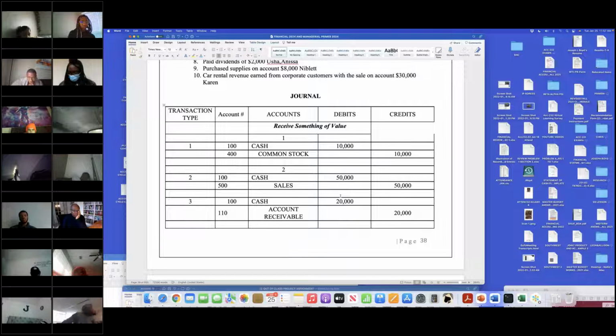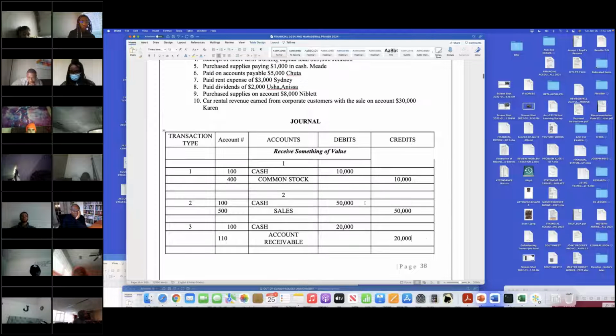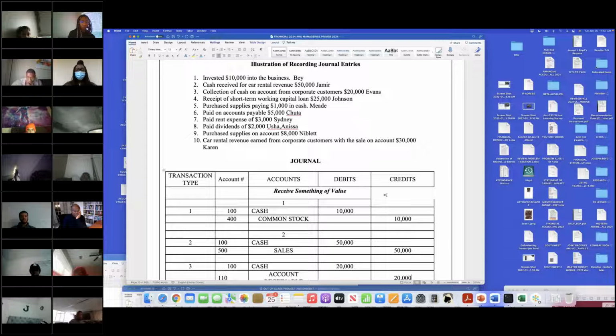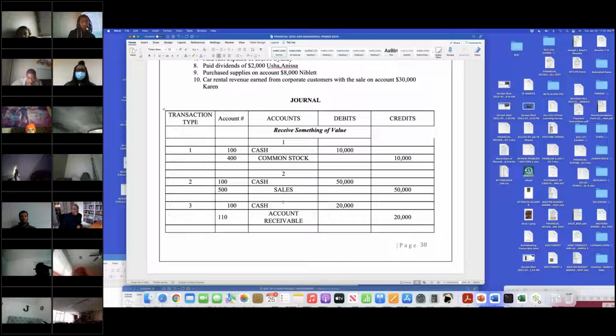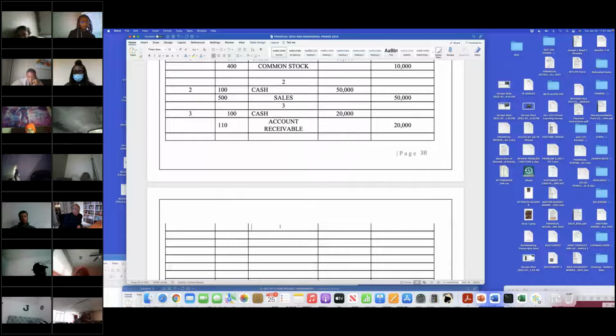What happened in number 4? Type 5. Let me put my 3 in here. Now we're on number 4. What's a type 5? It says we received a short-term loan, so we got cash again.